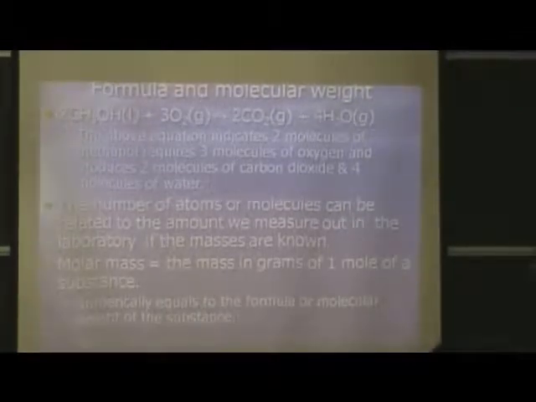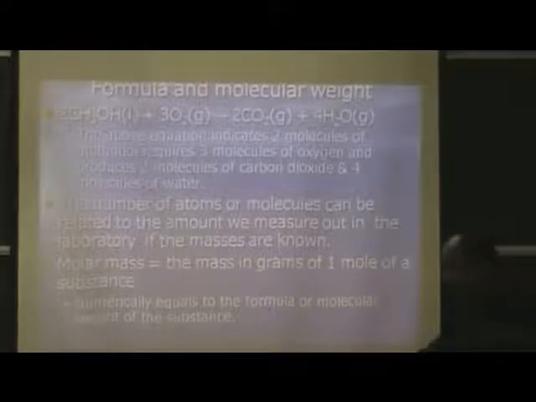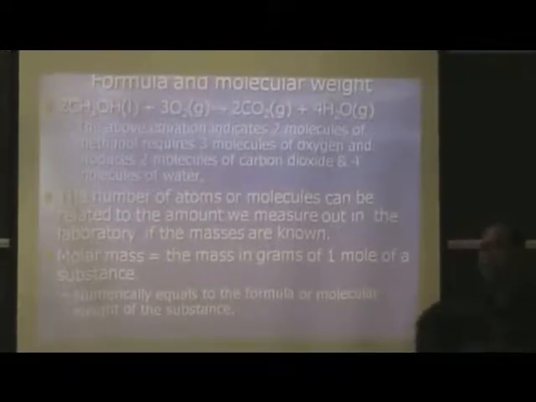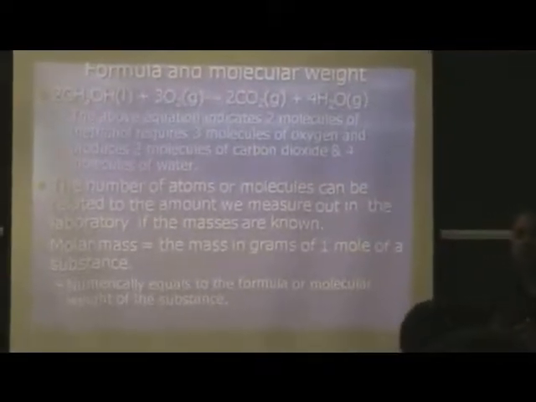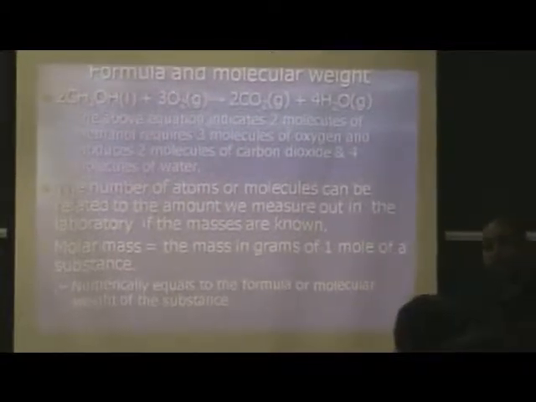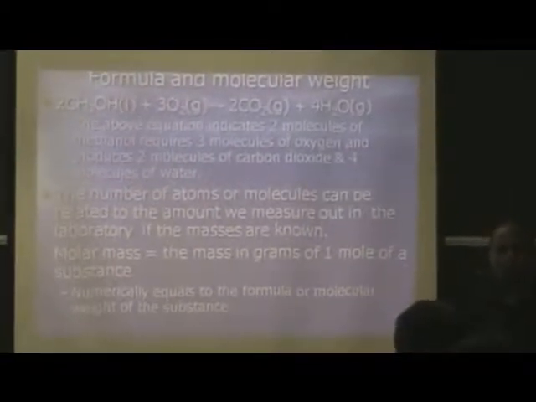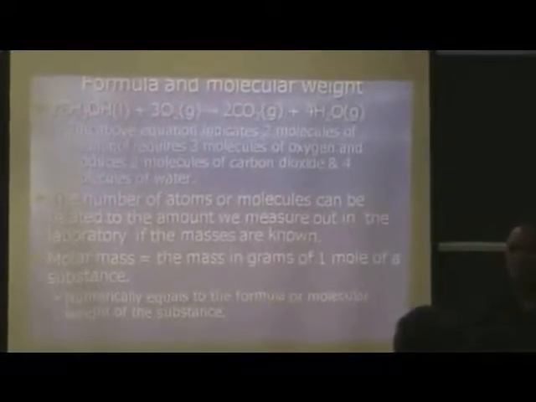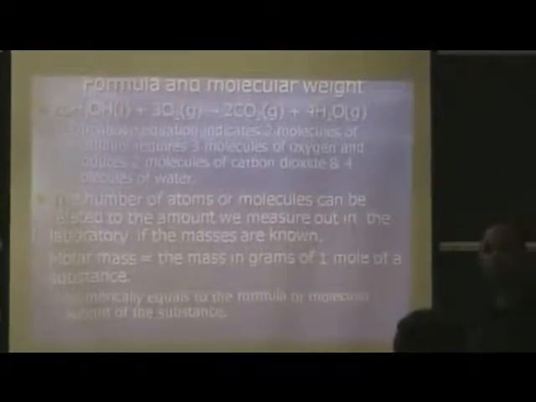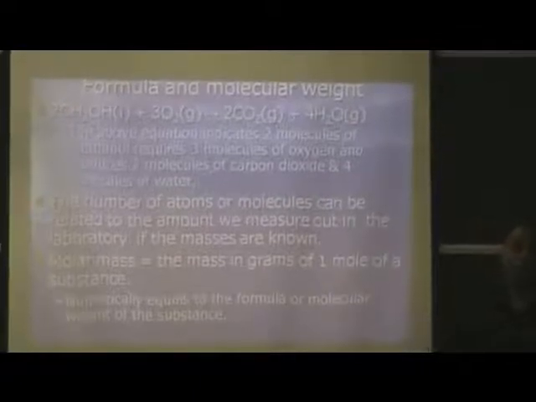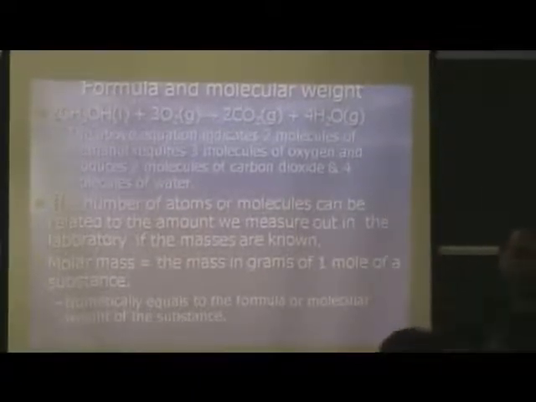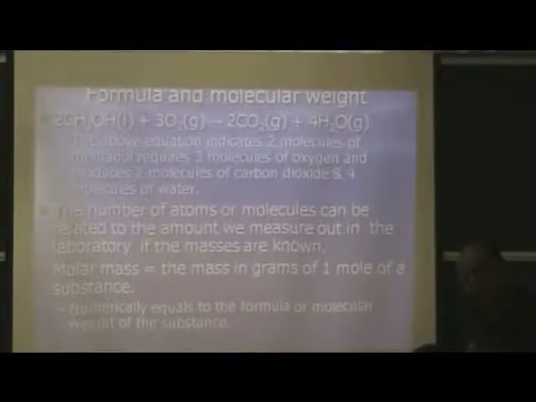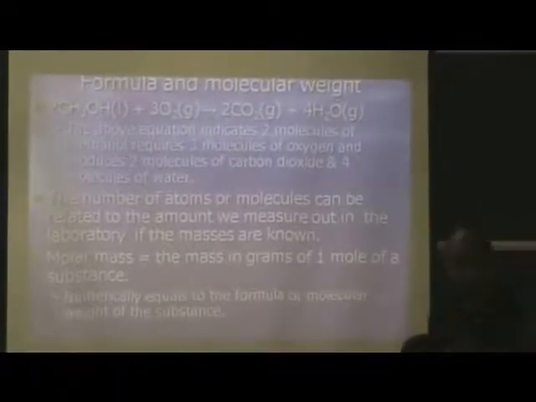Now, for a practical purpose, remember when we dealt with the formula weight or the molecular weight, the unit was AMU, right? The formula weight of sodium chloride was 58.5 AMU. The formula weight of glucose was 180 AMU in the previous slides. But what is AMU? Atomic mass unit.